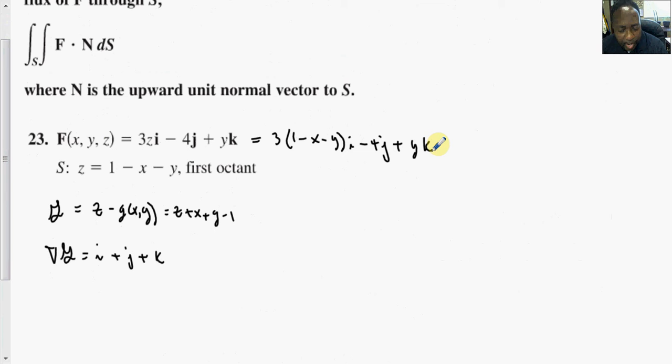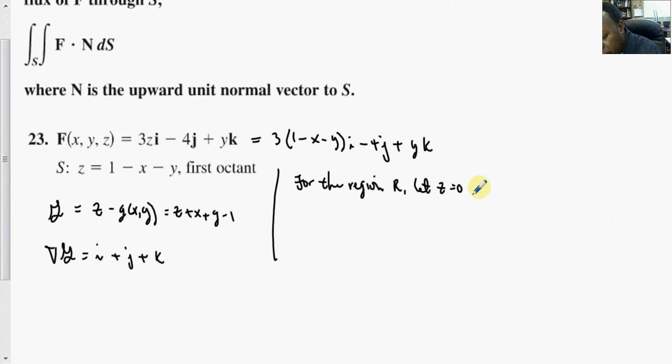Now we need to define the region R. So for the region R, let Z equal 0.